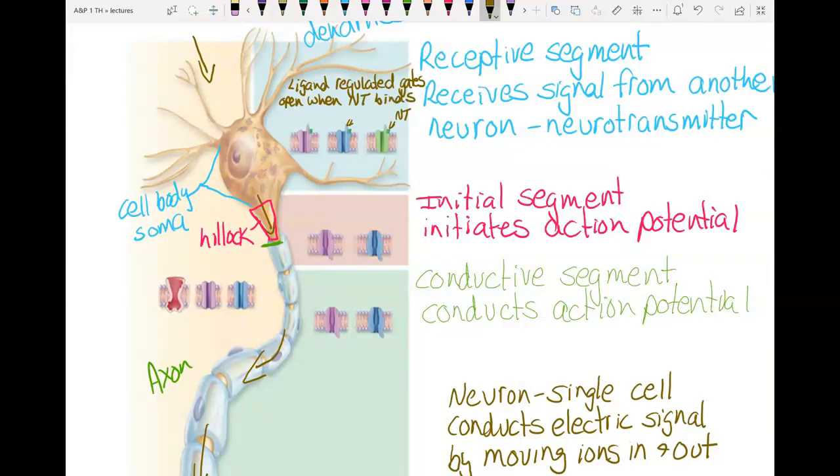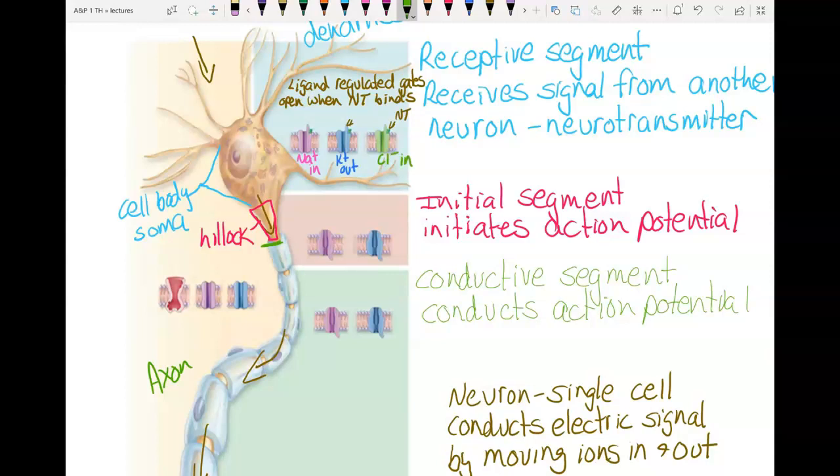And we have 3 different ligand regulated gates here. The pink represents sodium. And when it opens, sodium moves in. The blue represents potassium, and it lets potassium out. The green is chloride, and it lets chloride in.